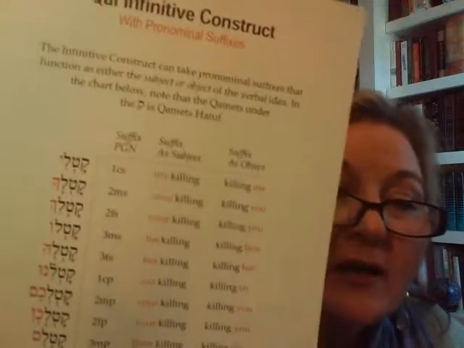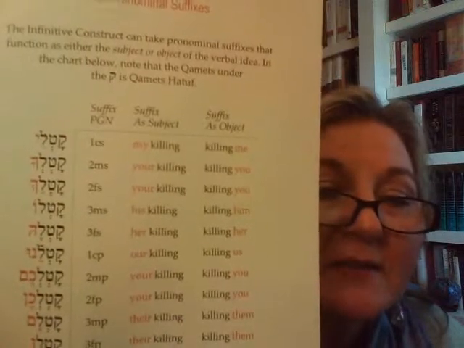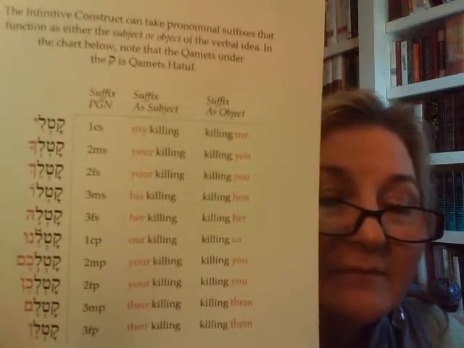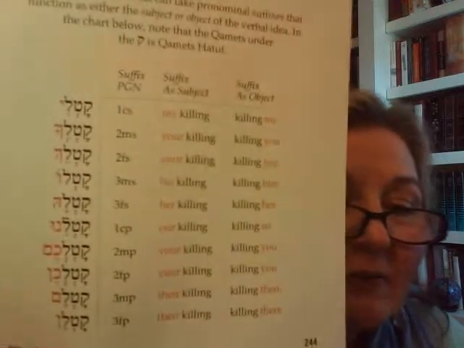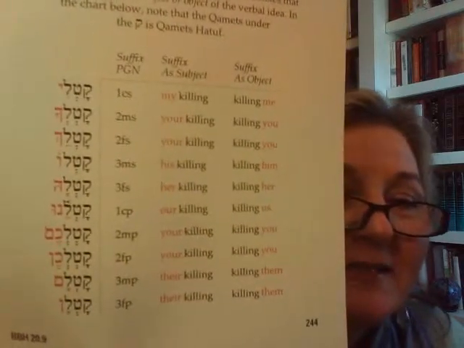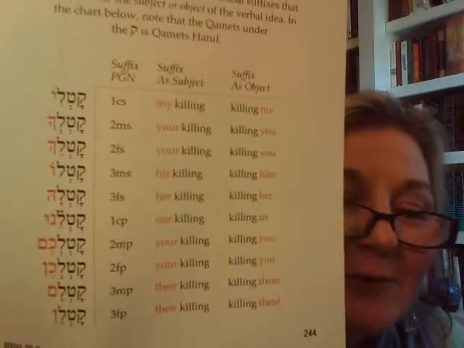In this chart, you can see the spelling changes when you're adding your pronominal suffixes to your Qal infinitive constructs. So be familiar with that.